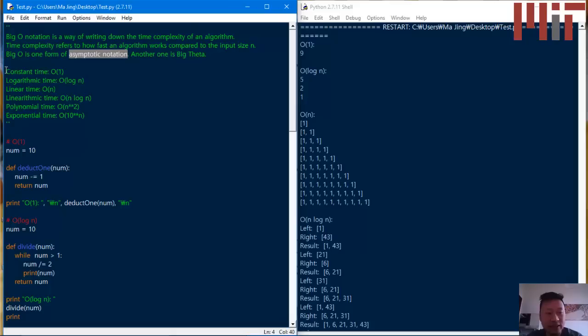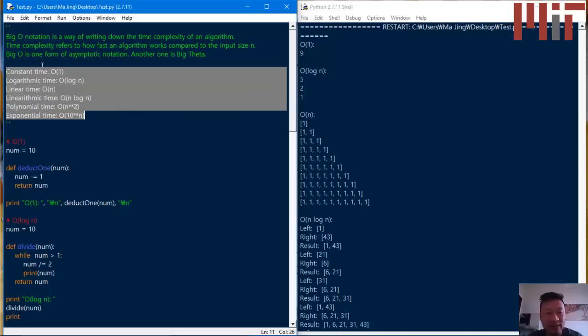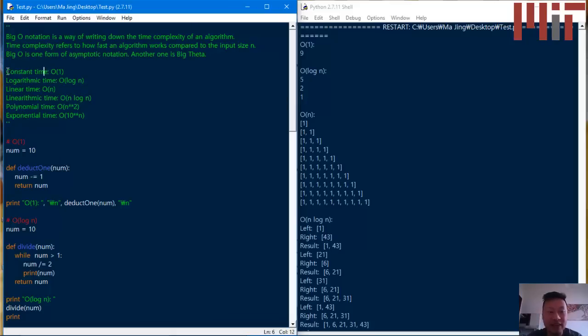Alright, so generally there are 6 types of time complexities, which you can read on the left hand side, and on the right hand side you can find the Big O notations. So constant time, Big O of 1; logarithmic time, Big O of log n; linear time, Big O of n; linearithmic time, Big O of n log n; polynomial time, Big O of n to the 2; exponential time, Big O of 10 to the n.